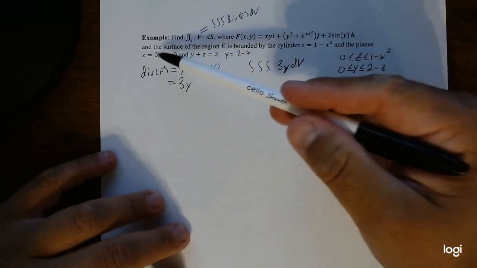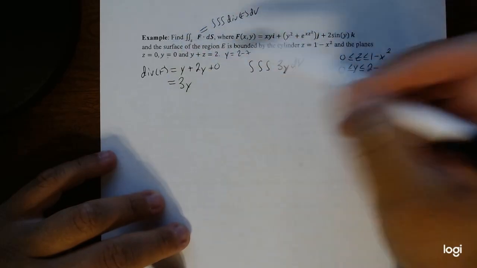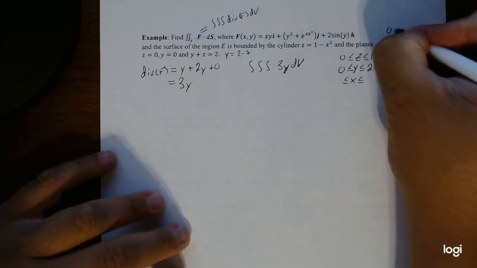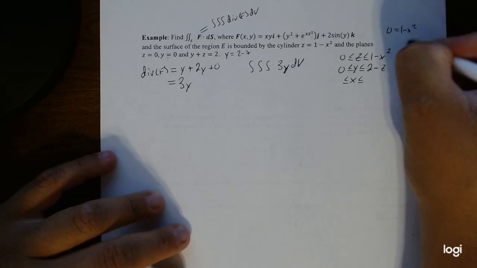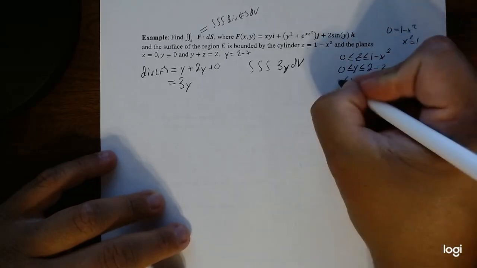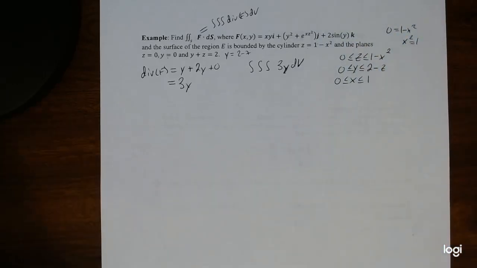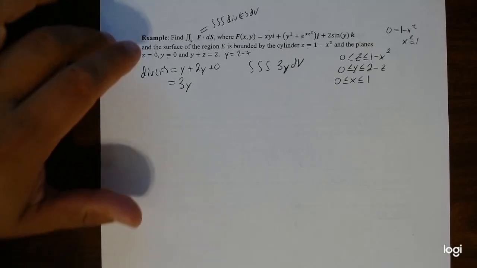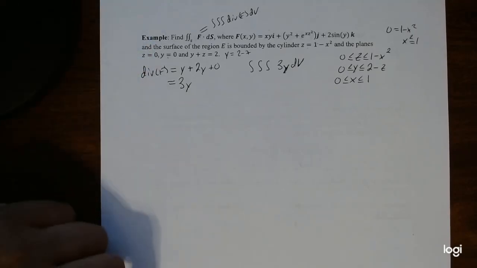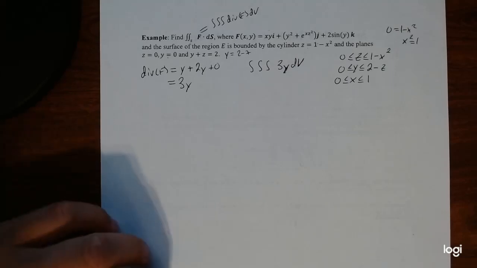If I plug in 0 for z here, I get 0 equals 1 minus x squared, so x is 1, because it has to be above the plane, z equals 0, y equals 0.